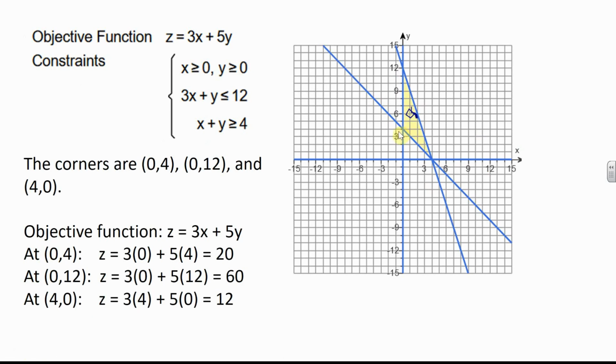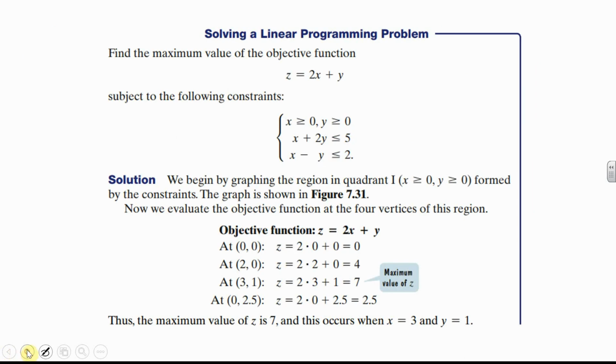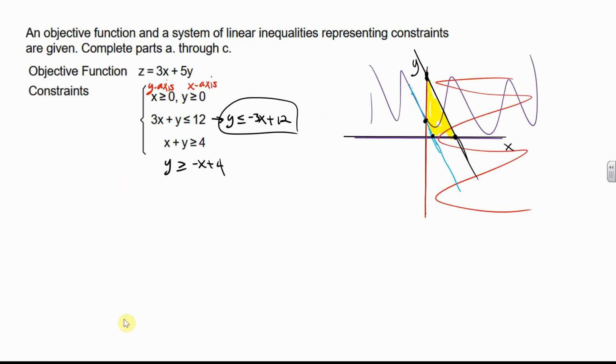So my graph is off because of my graphing. Let's see. 4. Yeah, this guy goes over a little bit more like that. Didn't mean to get rid of that one.